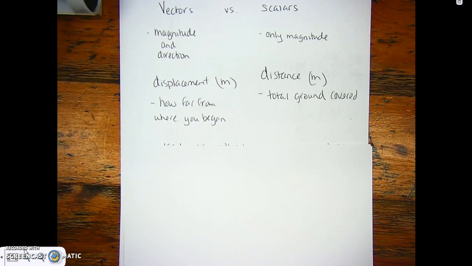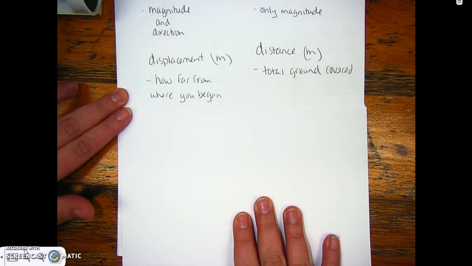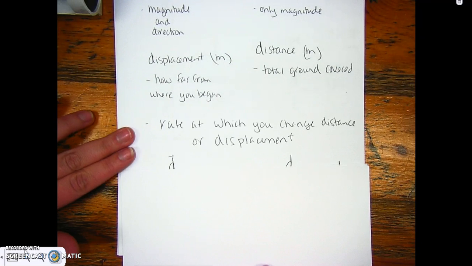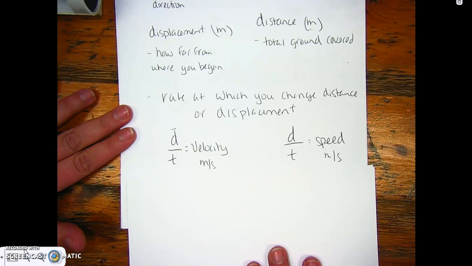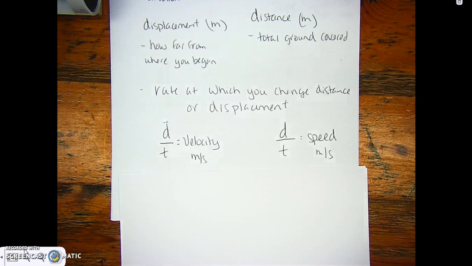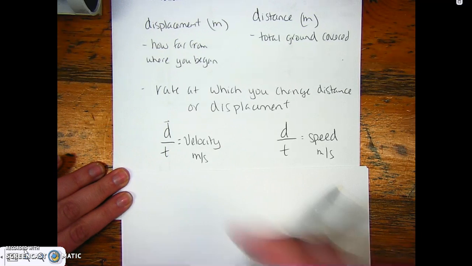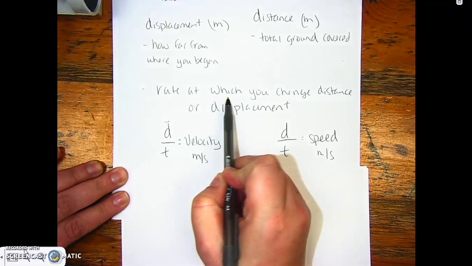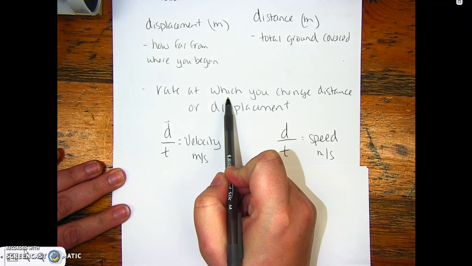So the rate at which you then change your position or cover some distance or displace yourself is known as either velocity or speed. So the equations really kind of look the same, but again, we're just distinguishing between which one is a vector and which is a scalar. Remember, whenever I say the rate at which, that's always that thing over time.